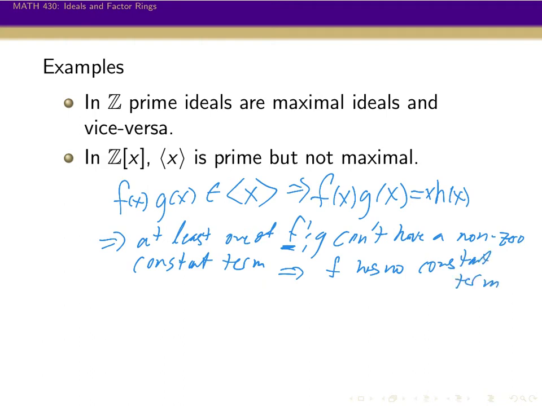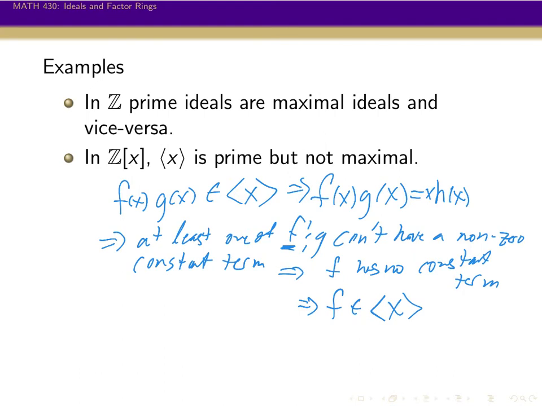Since f is a polynomial with no constant, you can factor an x out, and so f is in the ideal generated by x. That shows that it is prime.